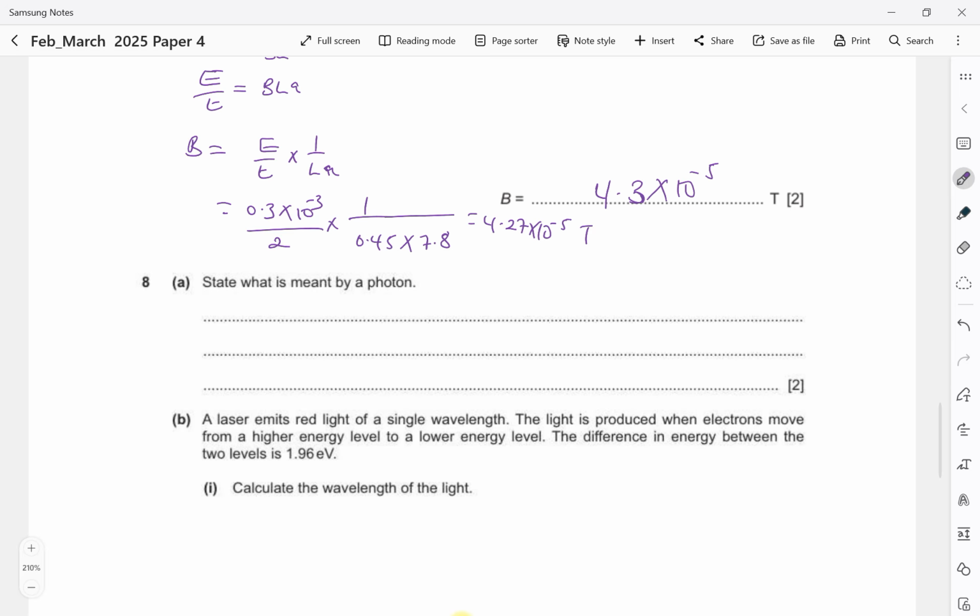State what is meant by a photon. So that is now quantum physics. Of course, a photon is a packet of energy of electromagnetic radiation.